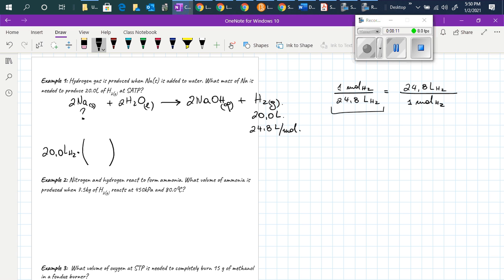So now what we have is 2 ratios, the ratio 1 and the ratio 2. We start with liters of hydrogen, and we will use the ratio 1. So 1 mole of hydrogen is occupying 24.8 liters of hydrogen. So liters of hydrogen and liters of hydrogen cancel out. What do we have up to here? It's moles of hydrogen.